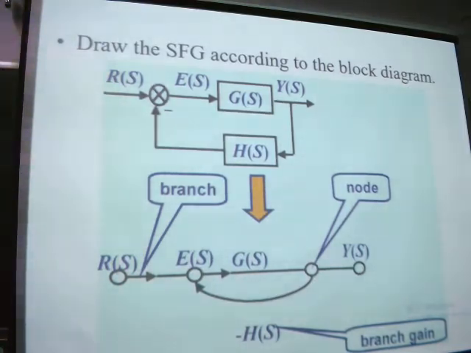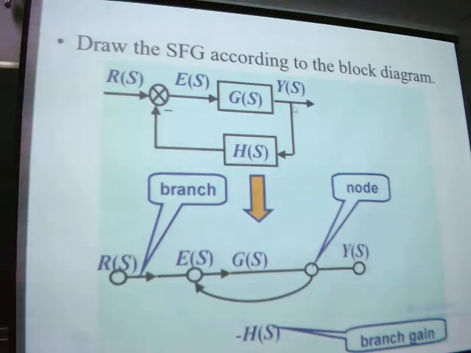Now this is the example. For this block diagram, we can translate it into a signal flow graph. Here the input is R, the output is Y. The summing junction is a node, and G is the gain of this arrow.